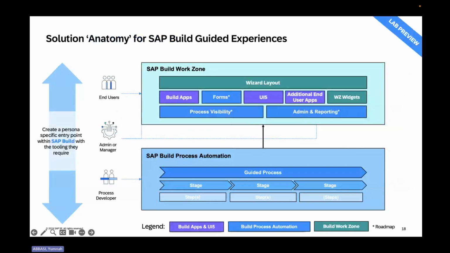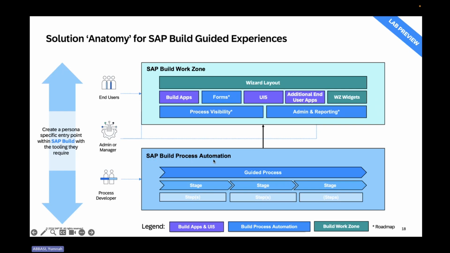Let me explain a bit more about the solution anatomy for guided experiences and how it looks. Just as a disclaimer in the beginning, not everything that you see on this slide is released as of today. The upper box, SAP Build Work Zone, has already been released in the past few months and quarters.